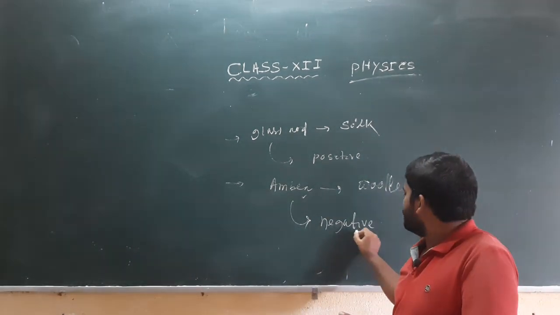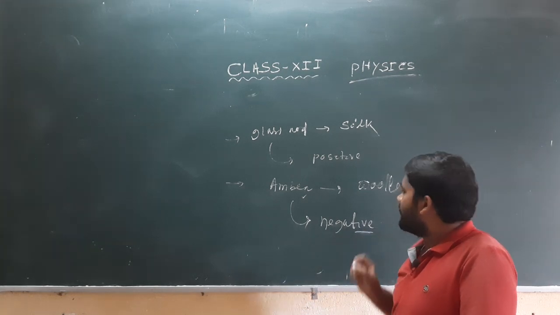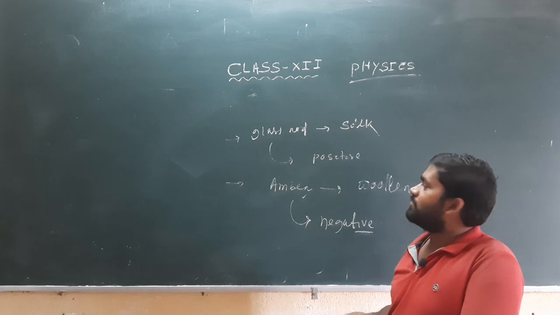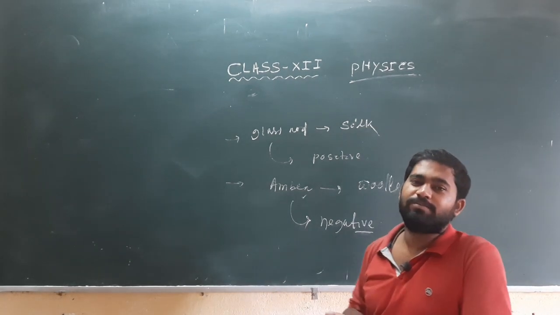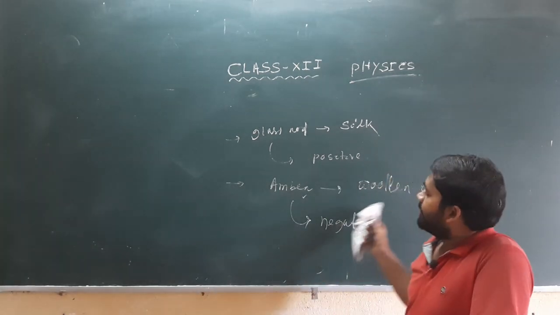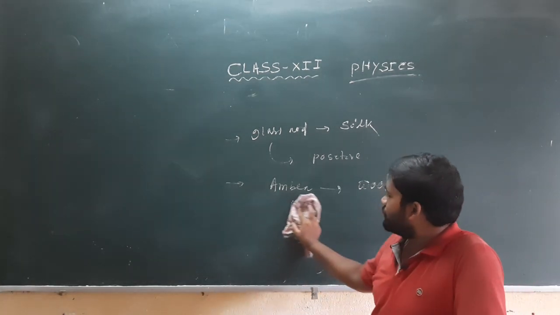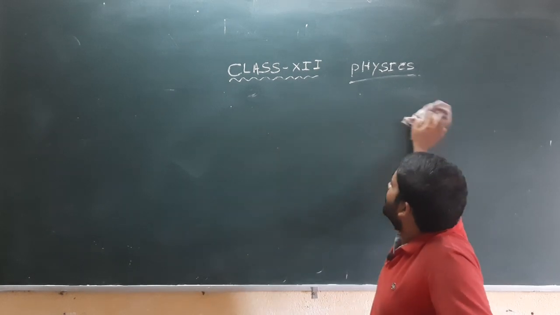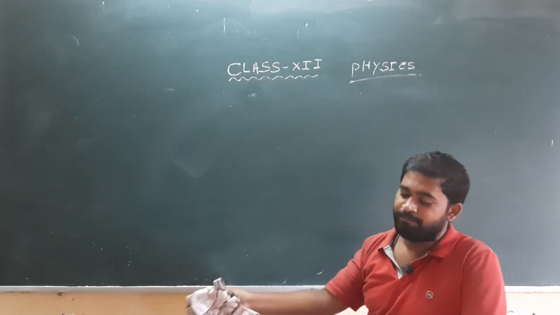This type of charge acquired by the amber is called negative. This was first named by Benjamin Franklin. We also discussed the methods of charging, that is induction, conduction and friction.